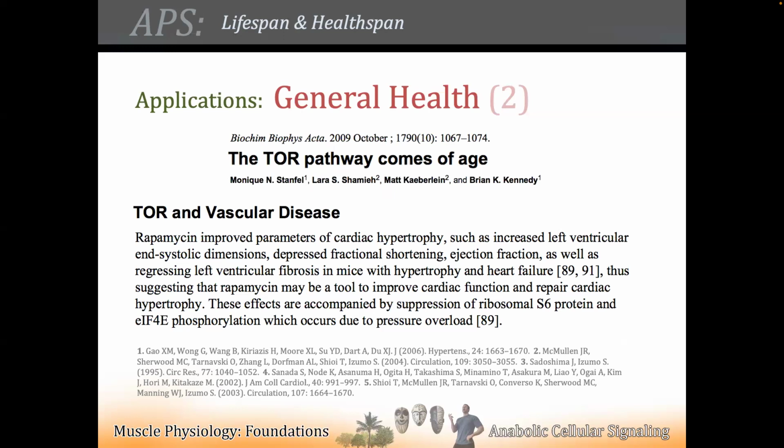So, like helping remodel left ventricular hypertrophy. And then one mechanism is inhibition of angiotensin 2, the elevations in protein synthesis in cardiac myocytes that would be caused by angiotensin 2.